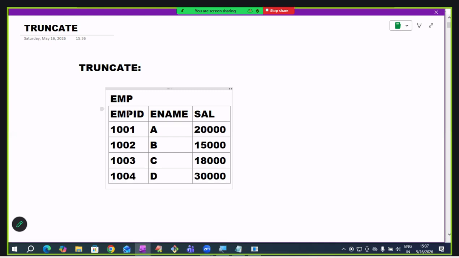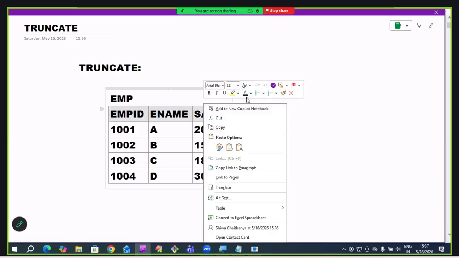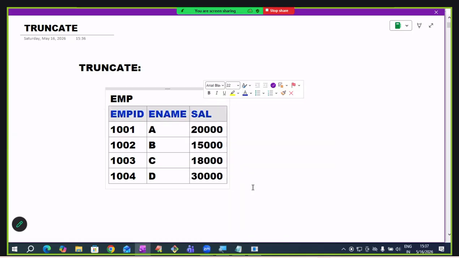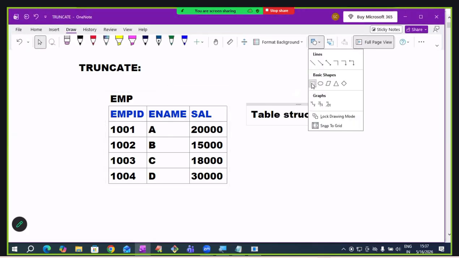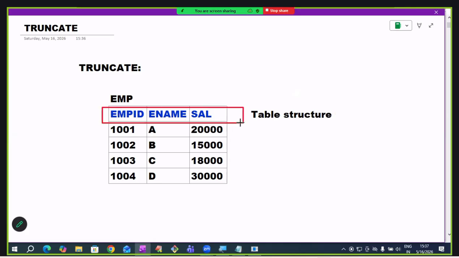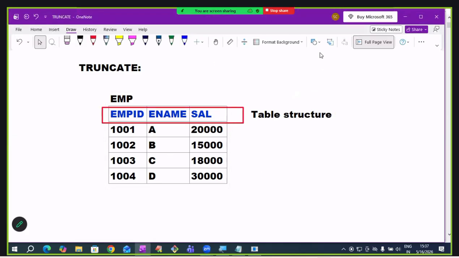See here. This is table structure, sir. Table structure: employee ID, e-name, salary. Table structure means columns. And this is table data.